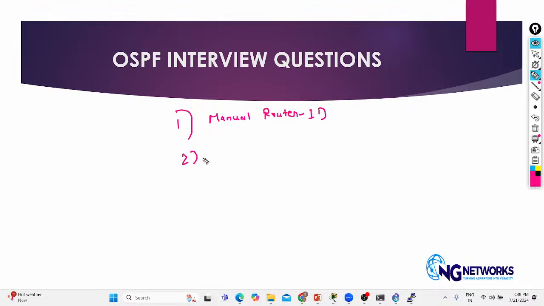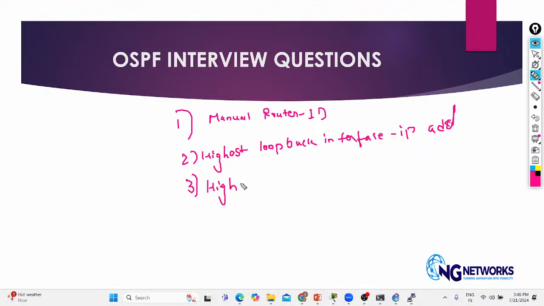If not, then it will check the highest loopback interface IP address, if you have taken any loopback. But if you have not taken any loopback either, then it will check for the highest physical interface IP address.